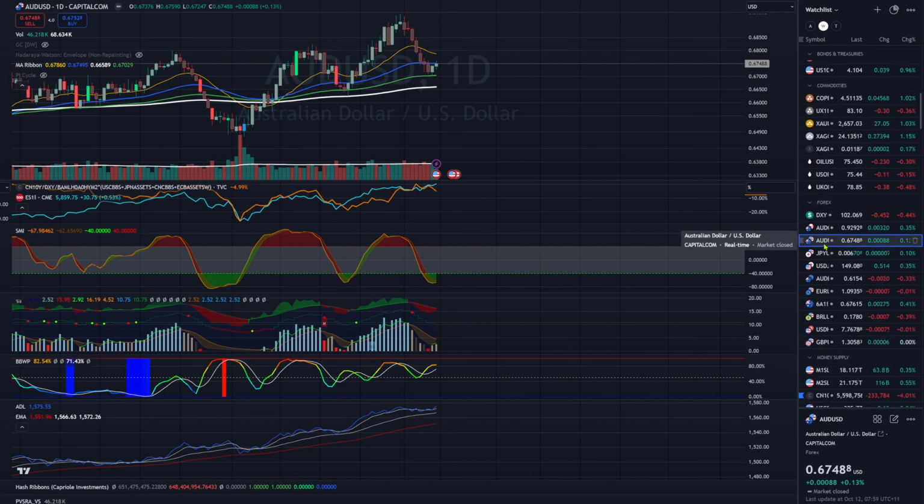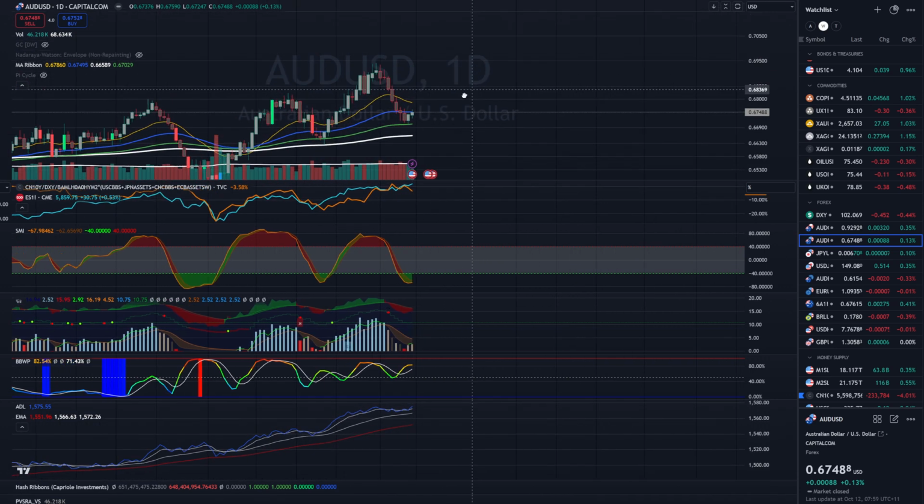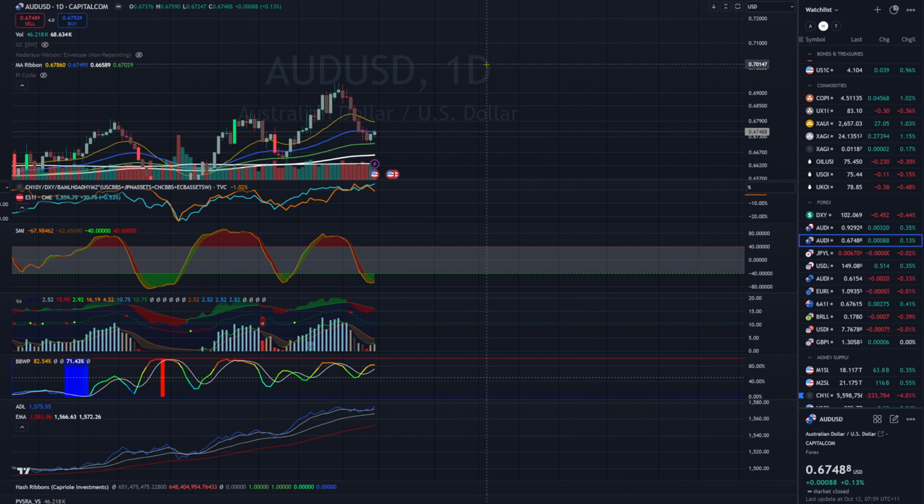Aussie dollars turned around. Pretty smooth sort of pattern going on the Aussie here. It's following the momentum pretty well. I'd expect a decent run on the Aussie, at least up into the 70 cents range.